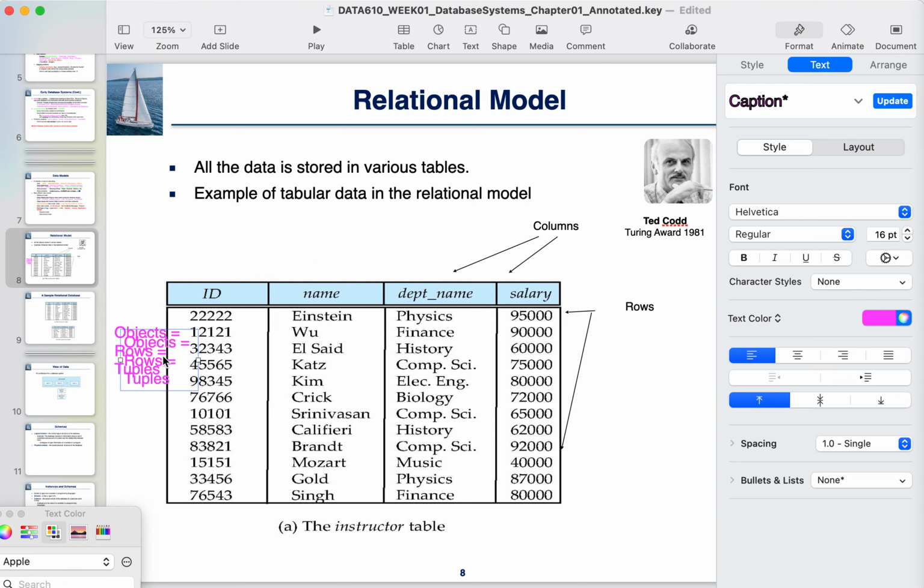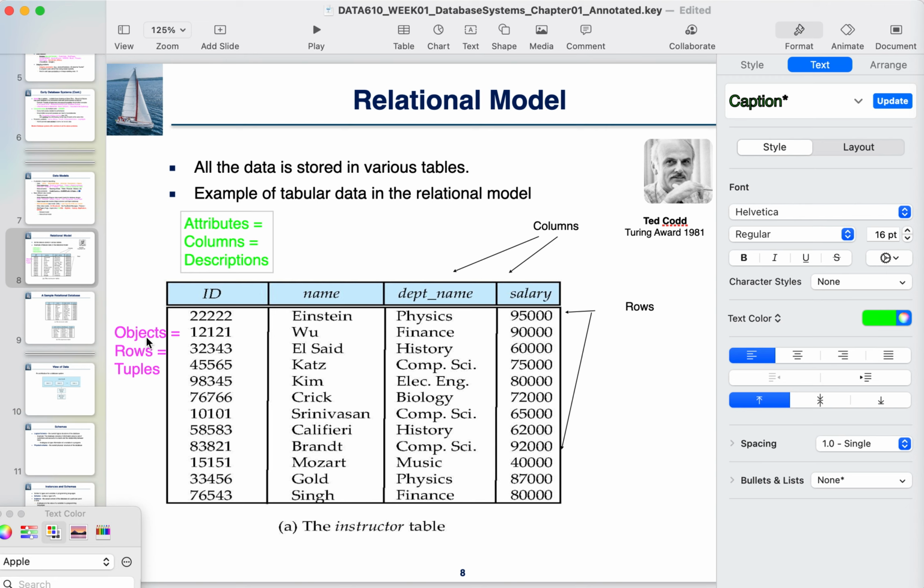These are also called attributes, columns, or descriptions of the objects. If the object is a customer, his description could be age, education, address, eye color, hair color, size of shoes, things like this.